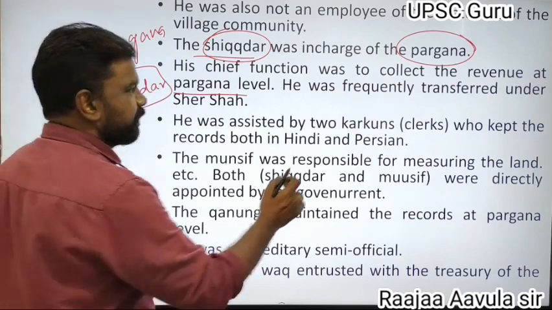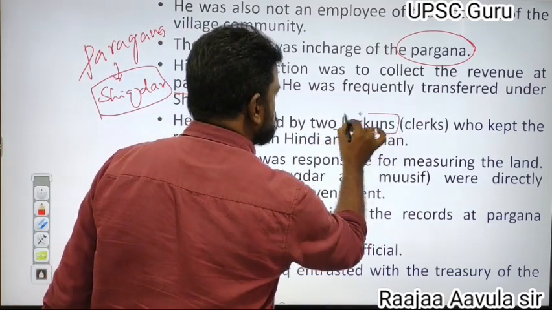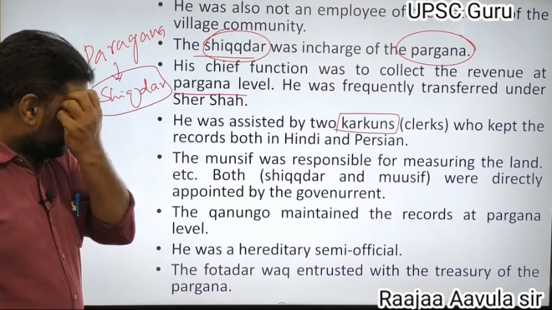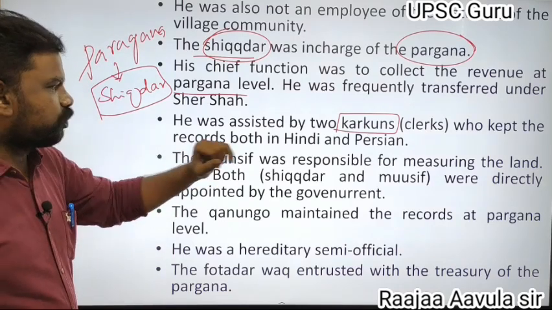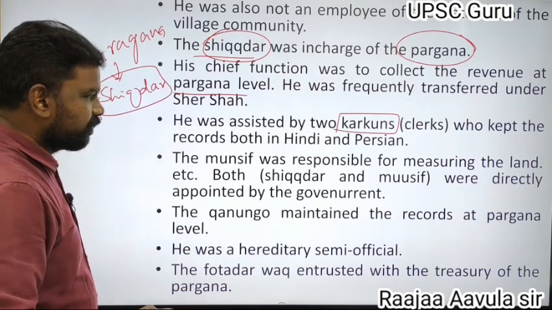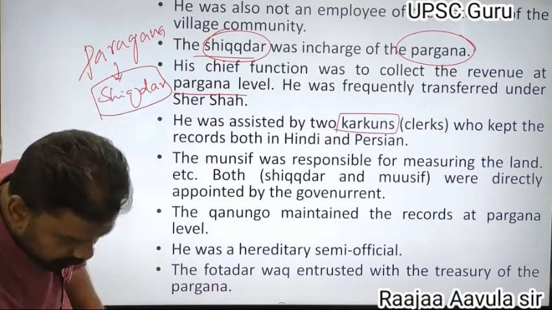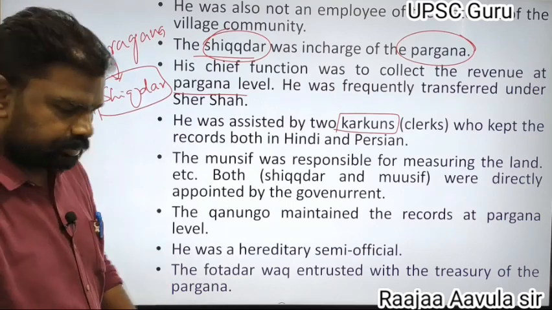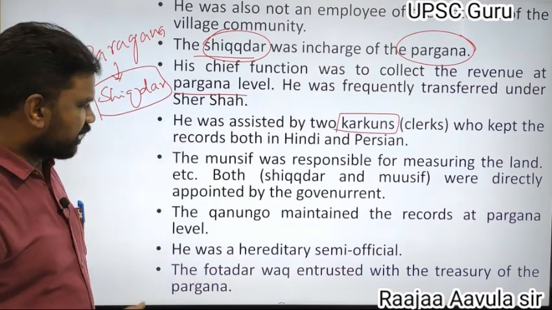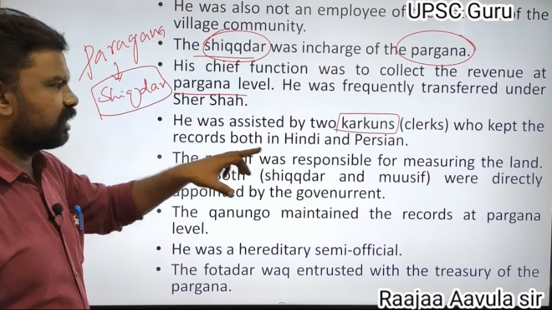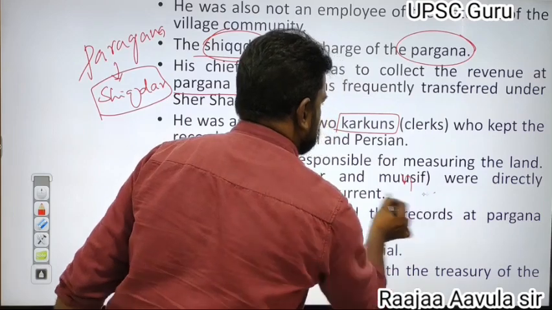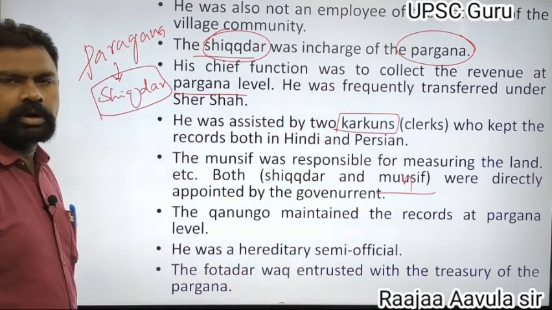He was assisted by two Karkuns. These were called clerks, who kept the records in both the Hindi version and the Persian version. The Munsif was responsible for measuring the land, etc. Both Sikdar and Munsif were directly appointed by the government.